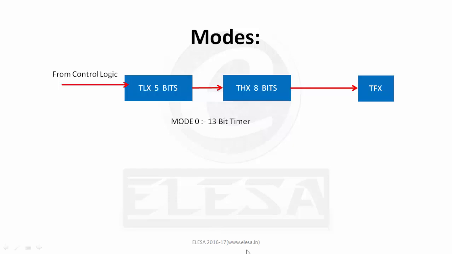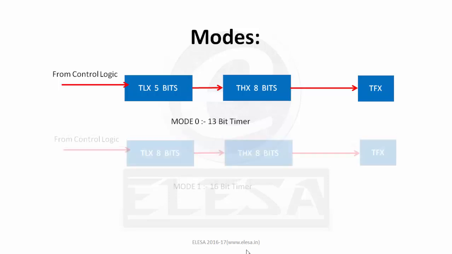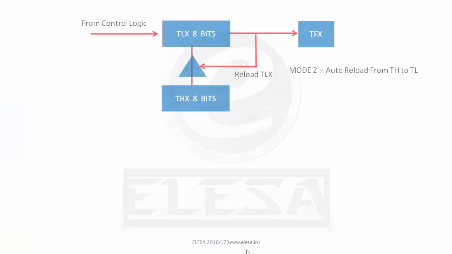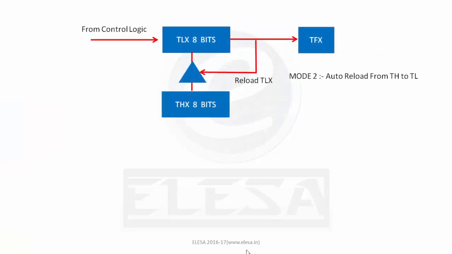When the M1 M0 bits of the TMOD register are 0 1, mode 1 is selected. In mode 1, they have used both registers to their full capability, that is both registers 8-bit and 8-bit, making the timer a 16-bit timer. In mode 2, that is when M1 and M0 are 1 0, they have made an arrangement of auto reload from TH to TL.